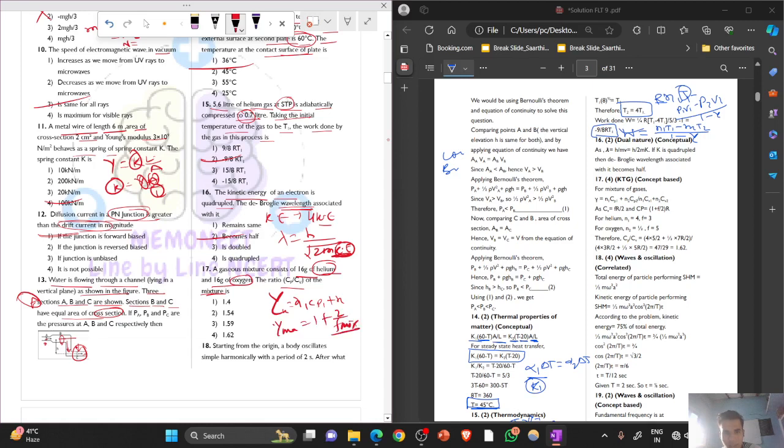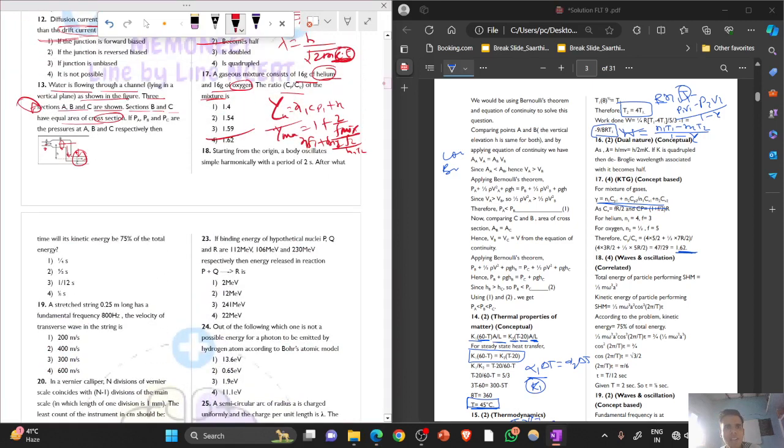First calculate the f mix, that will come out to be n1 f1 plus n2 f2 by n1 plus n2. Putting these values, you calculate the f mix. Putting the f mix here, you get your gamma mix. After solving, you will come out to 1.62. That will be your answer. Option number 4 will be your correct answer.